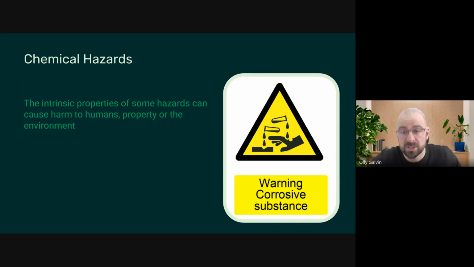Other chemicals are manufactured for commercial or home use. So think about paint, varnish, bleaches, diesel fumes, lots and lots of different chemical hazards. You are going to have some potentially hazardous chemicals on your event site, even if it's just some of the cleaning products that are used. And chemical hazards come under the COSHH legislation, so the Control of Substances Hazardous to Health.